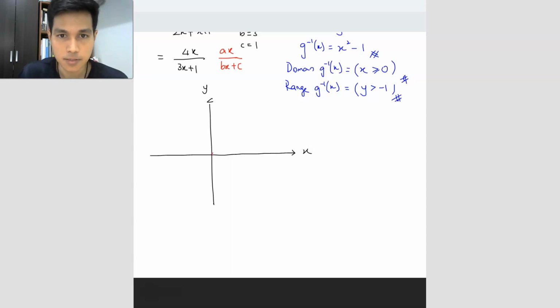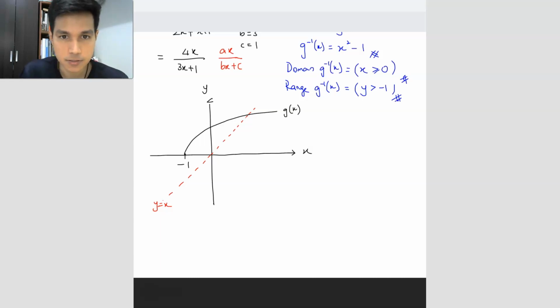So let's say this is the line, this is y equals x. We know that just now we drew the g function gx, starting from -1, and then it curves like this, right? That's what we drew just now. So you're just going to reflect this, because this is your gx.